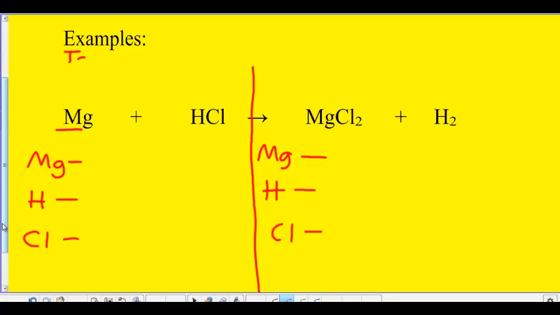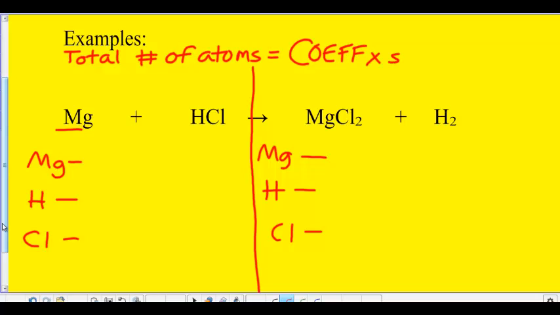And remember, the total number of atoms is equal to the big number, the coefficient, times the little number for that element, the subscript. So it's pretty easy to count magnesium's number of atoms over here because its coefficient is 1 and its subscript is 1.